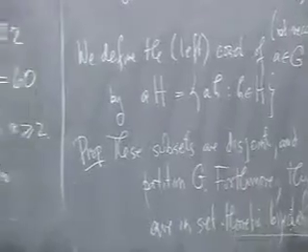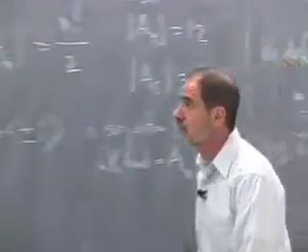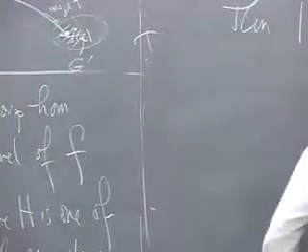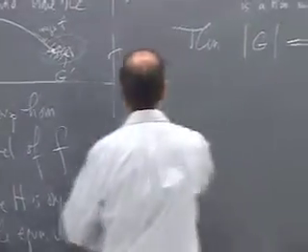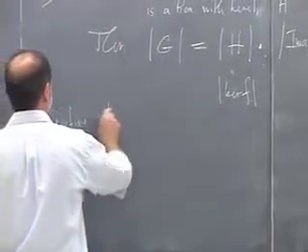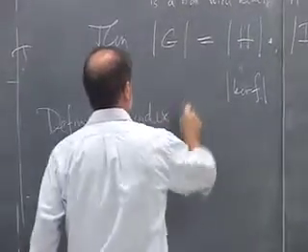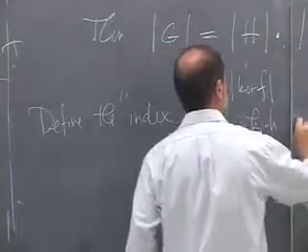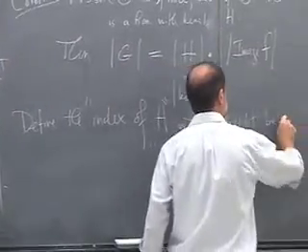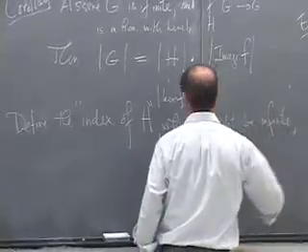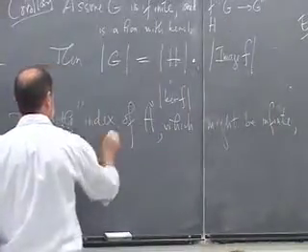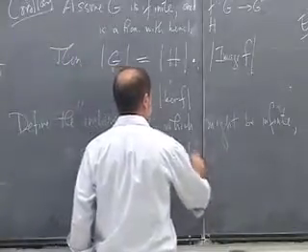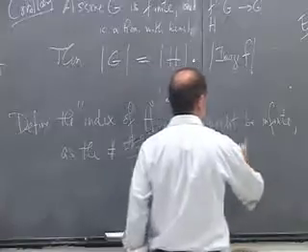And we define the index of H, as opposed to its order, which might be infinite, as the number of distinct cosets, distinct left cosets, or the number of equivalence classes.